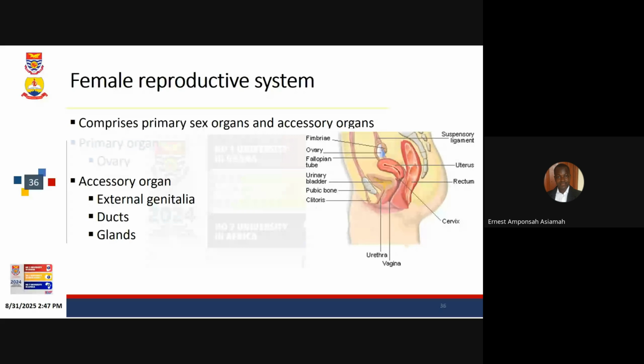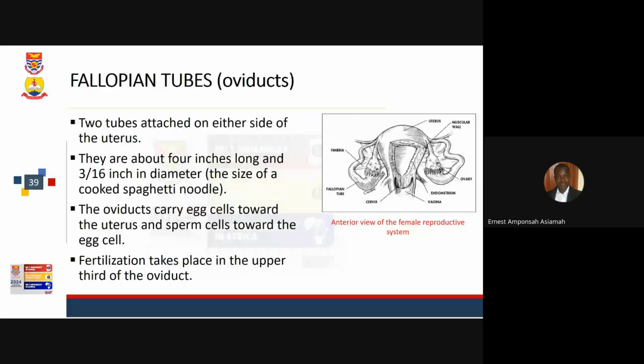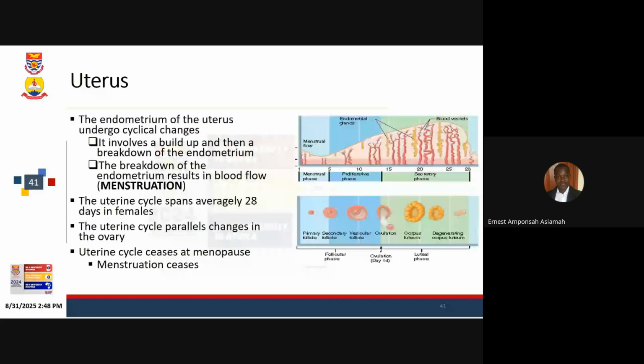Okay, I want us to finish. The uterus wall is made up of three layers. The innermost layer we call the endometrium, the middle layer is the myometrium, which is made up of muscles, and the outer layer is what we call the perimetrium.